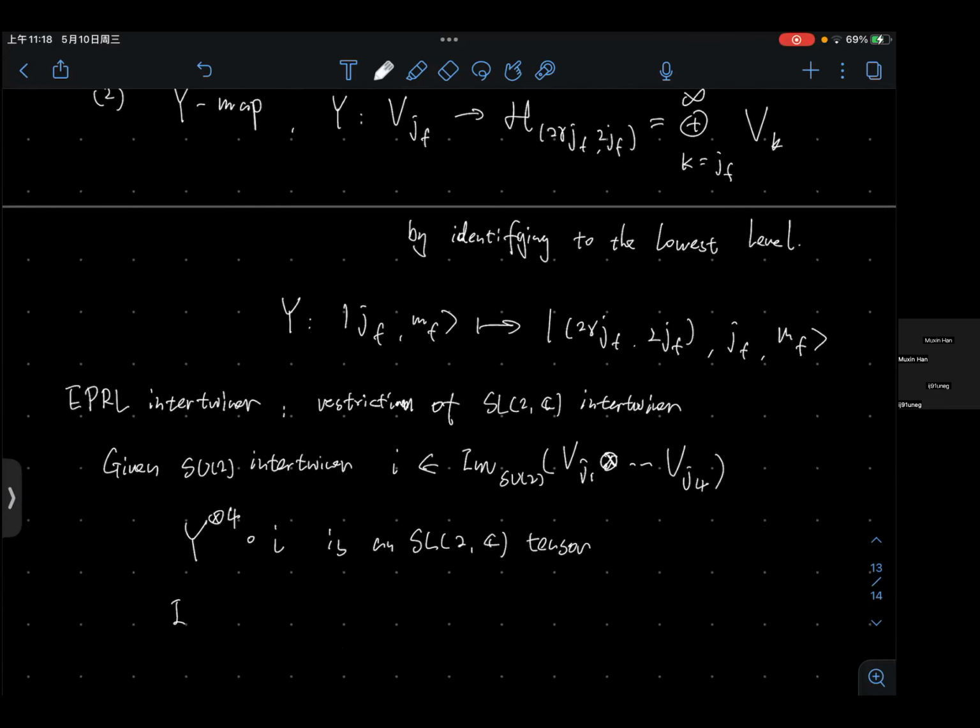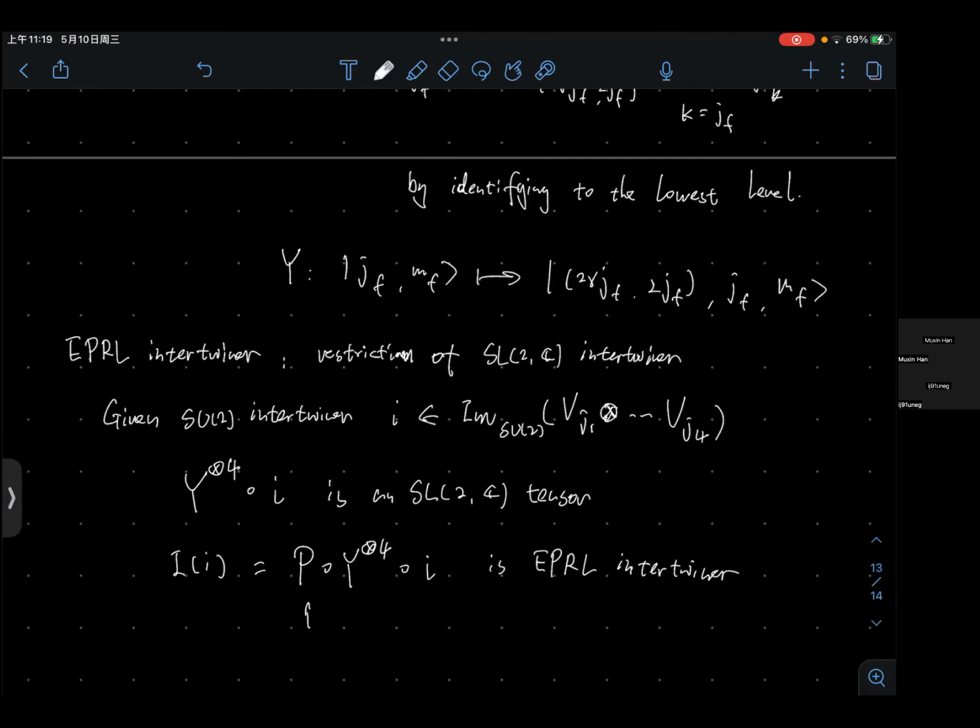Then what we can do is make a projection onto the intertwiner space of SL2C. So this is the EPRL intertwiner, and this P is a projection onto the SL2C intertwiner space.